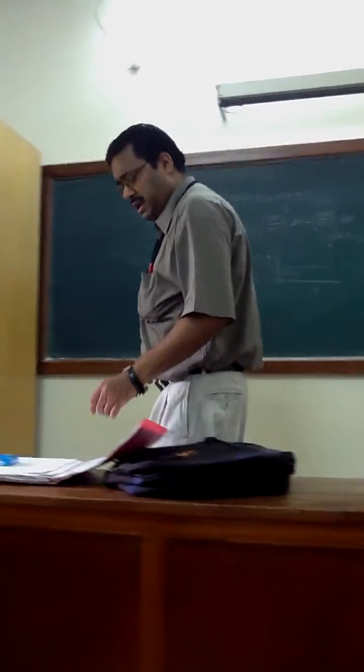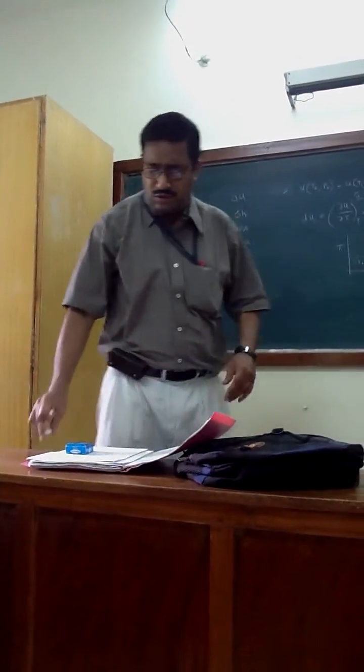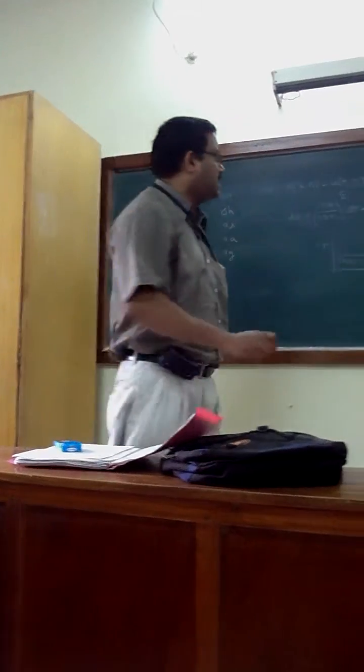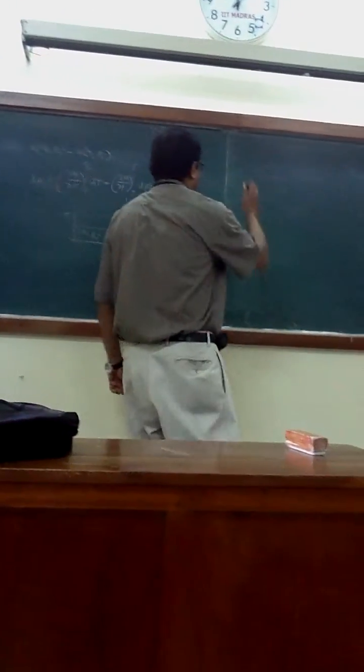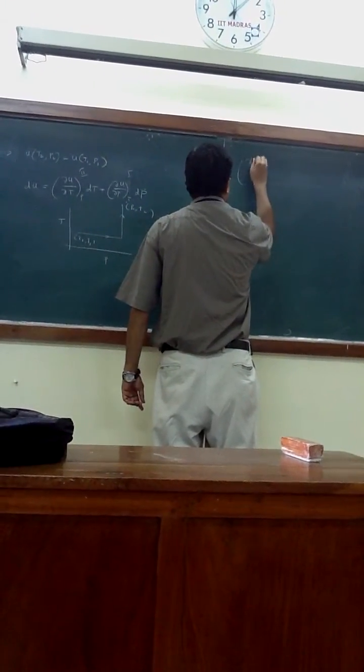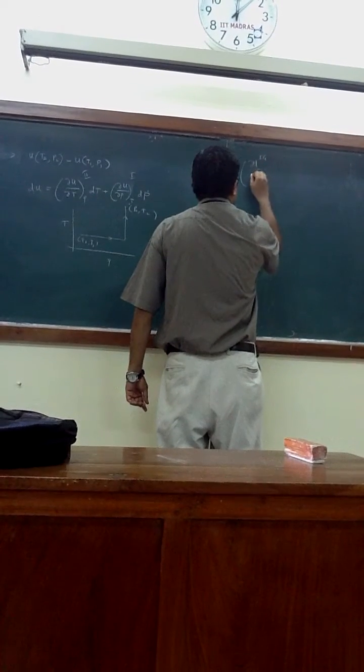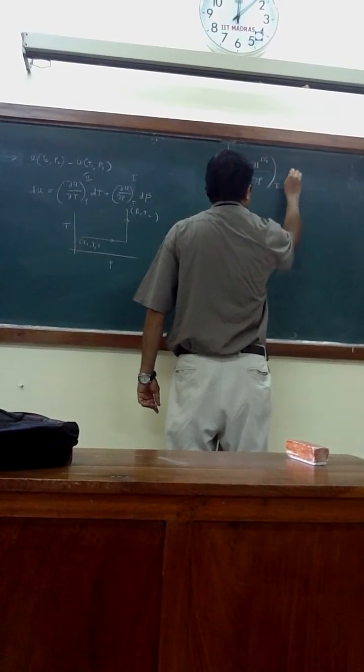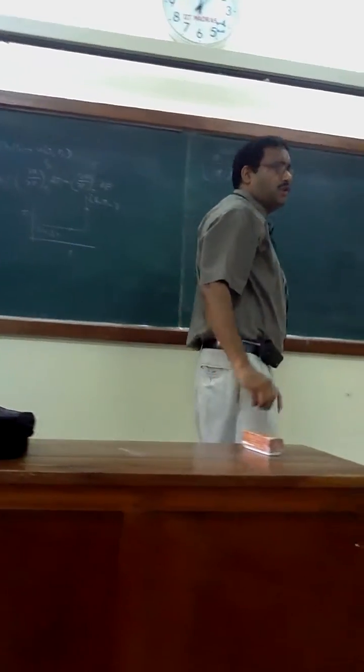This is valid for any material, but we have shown that if it is an ideal gas, then dou U Ig by dou P at fixed T equals 0, right?